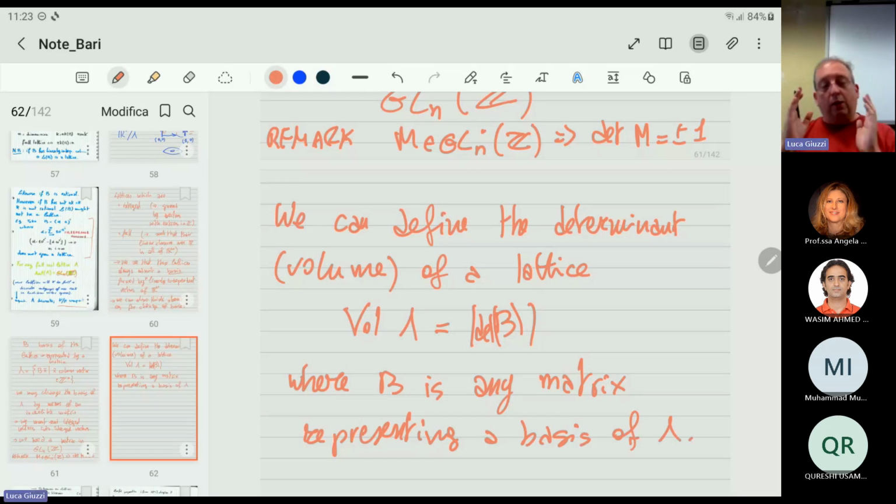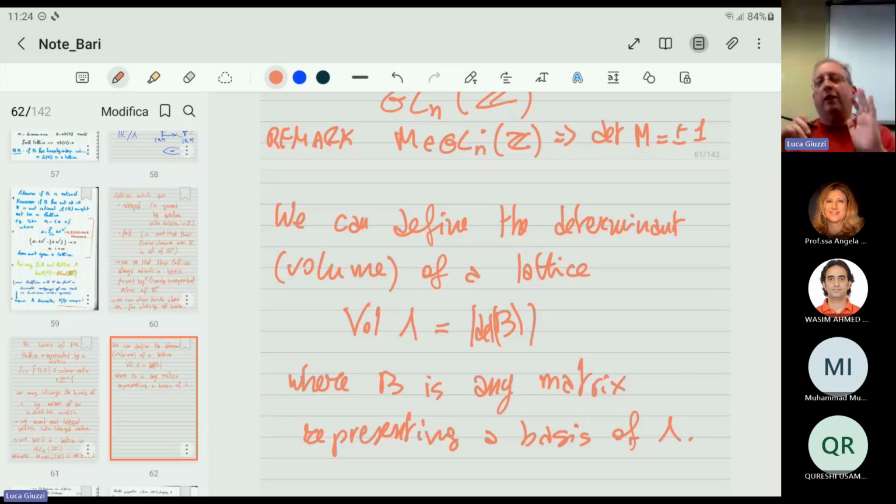So this we can do for lattices just because we are sure that as soon as we change a basis, the determinant of the matrix we obtain changes by a factor of plus 1 or minus 1. We cannot do this for an arbitrary set of points or arbitrary basis in Rn.